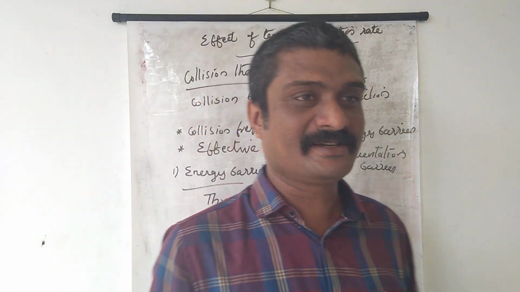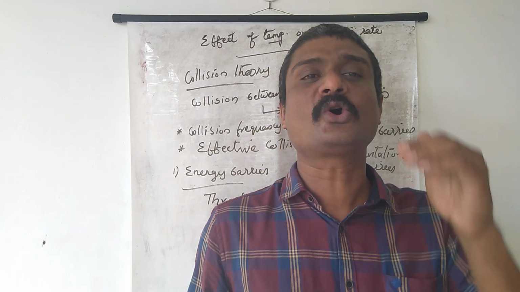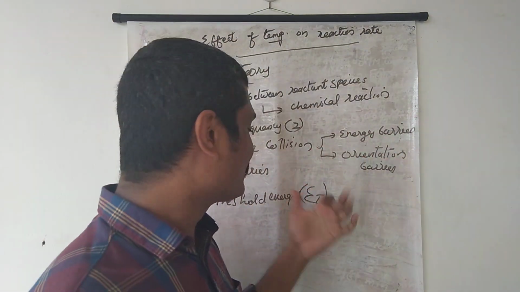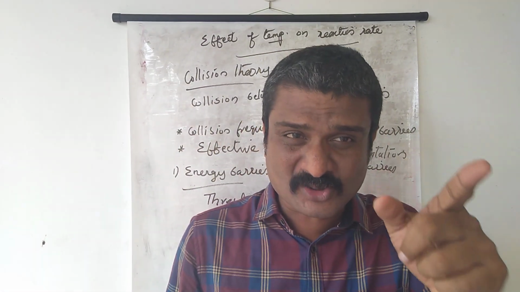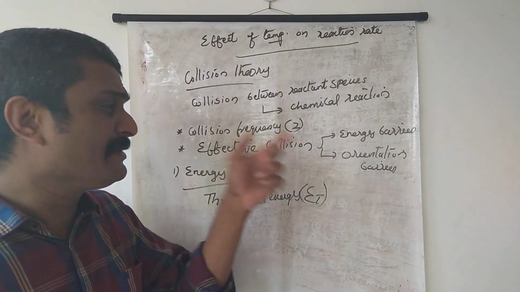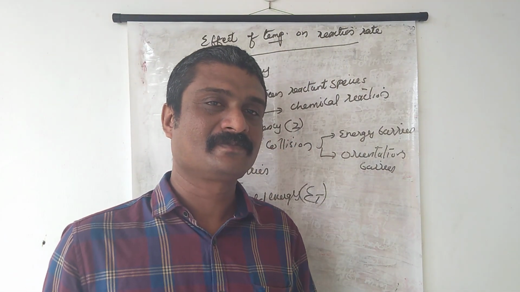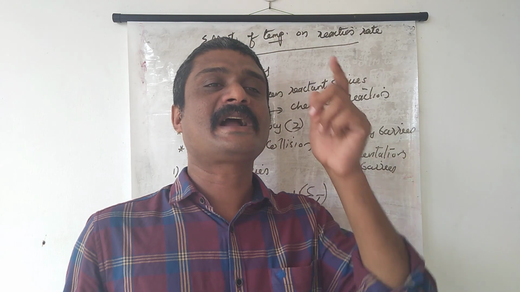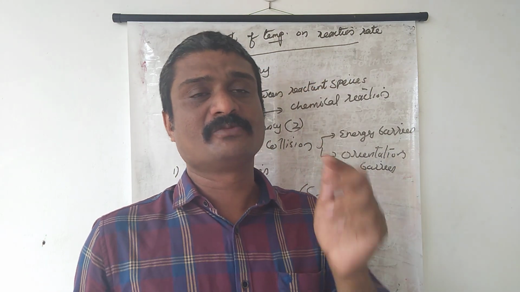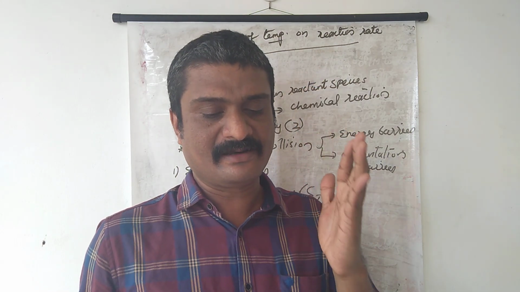Collision theory introduced a new concept, threshold energy. What is meant by threshold energy? It is the minimum amount of energy required by the reactant species to bring about a chemical reaction.